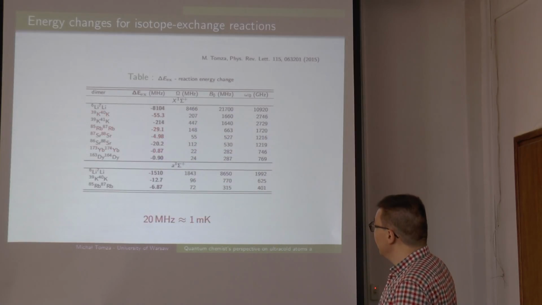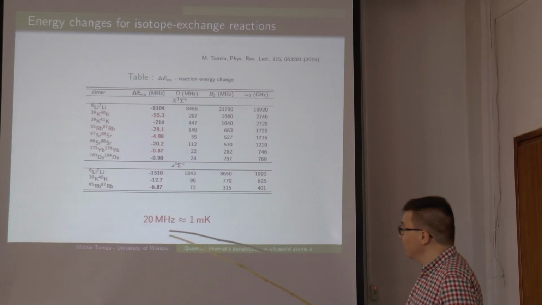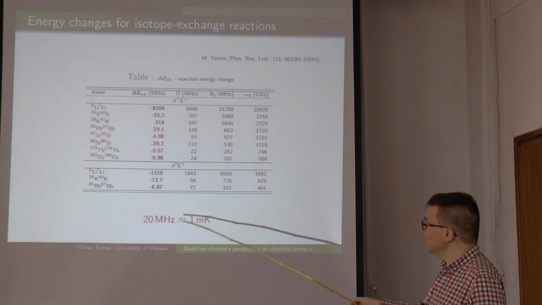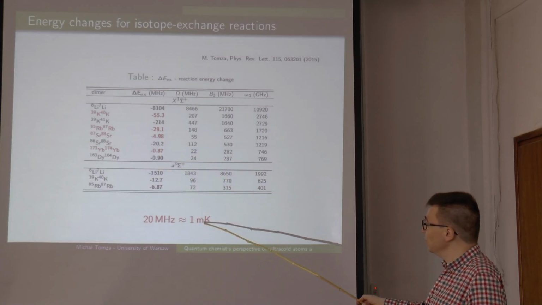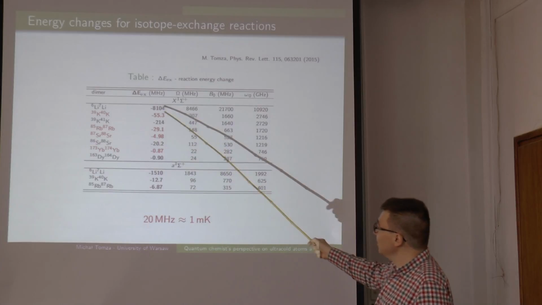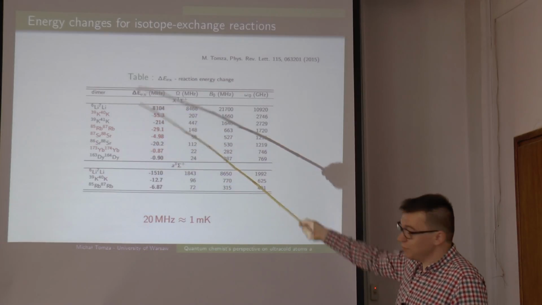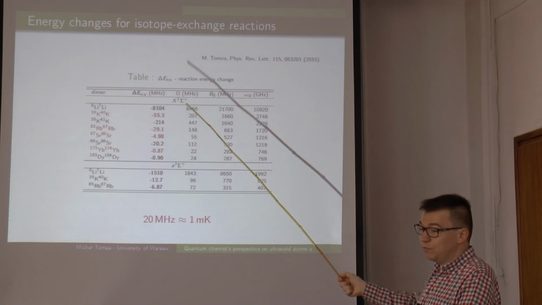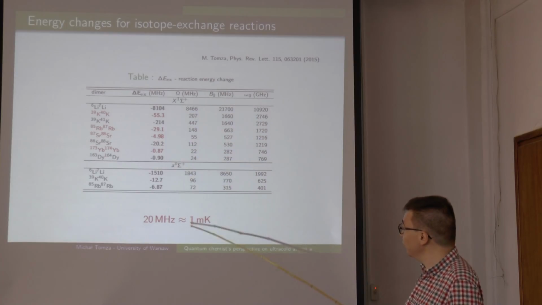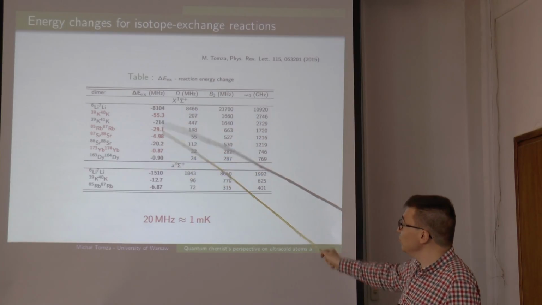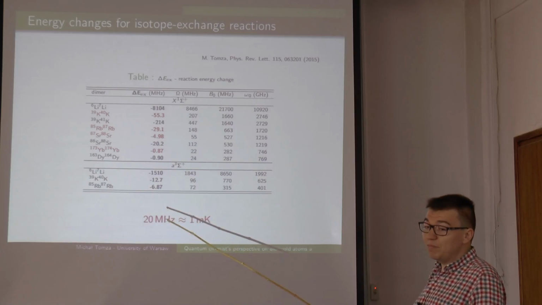When we compare the energy in megahertz to millikelvin, 20 megahertz is around 1 millikelvin. So the energy released for this kind of dimers is in the range of a few millikelvins, and for some of them, like strontium-strontium or ytterbium-ytterbium, it's even below a millikelvin.